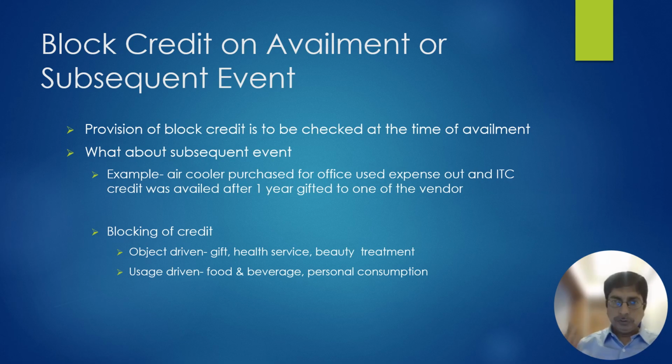So GST credit eligibility or ineligibility is to be checked at the initial stage. For a subsequent event of change in usage, you should not go back to section 17(5) to check the eligibility. If it is ineligible, you should not reverse the GST credit.